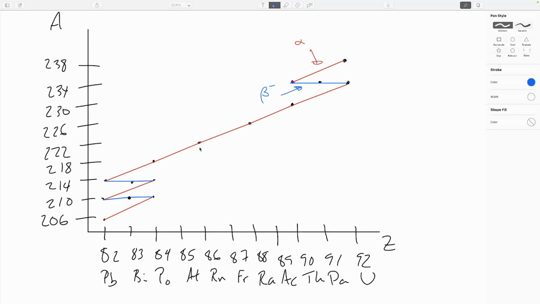Then to radon-222, which is a gas. Atomic number 86, mass 222. And then to lead-214, and then you'll have a couple more beta decays working your way up to bismuth-214 and polonium-214.